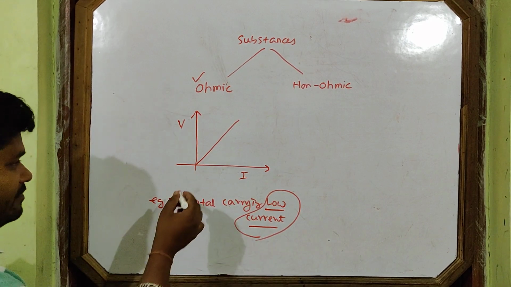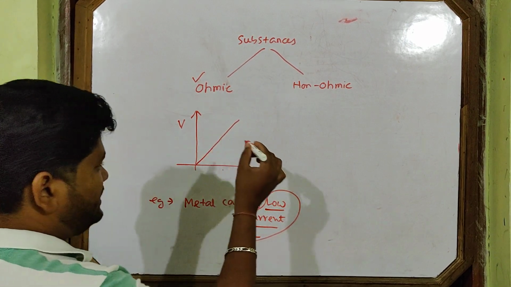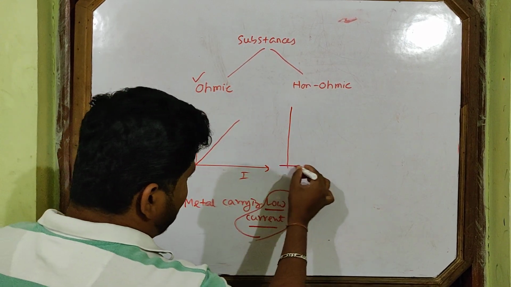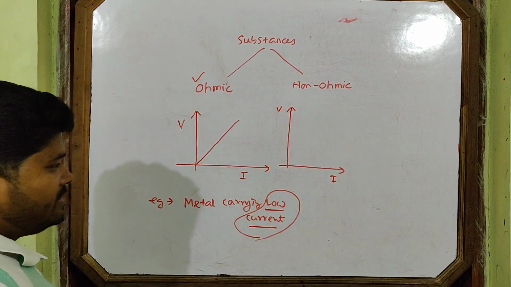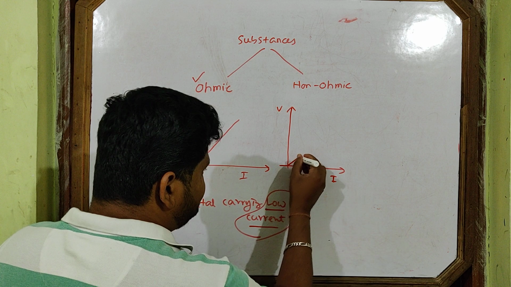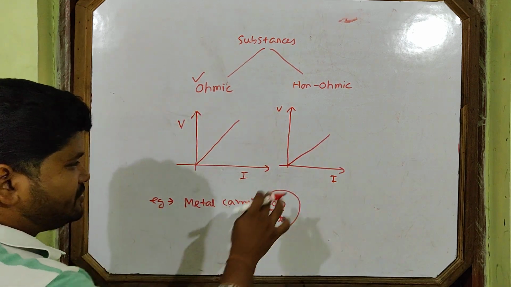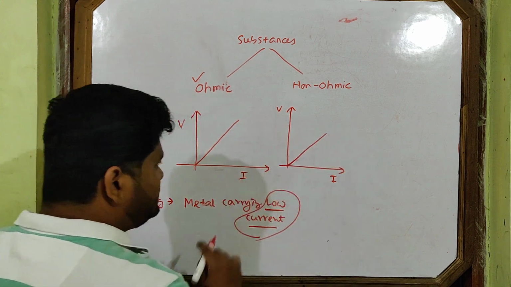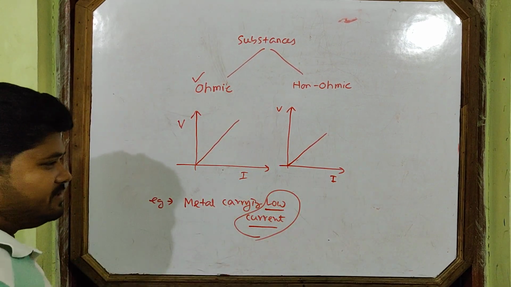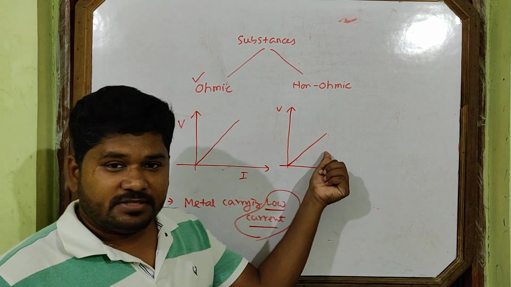Now you see, if this is the normal graph, but if temperature increases, what will happen? This should be the graph. It should be a straight line. Clear? Like this, a straight line, up to low currents.